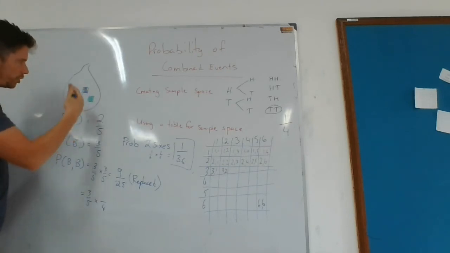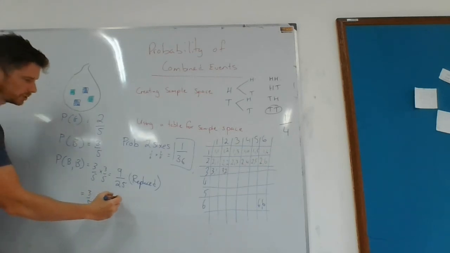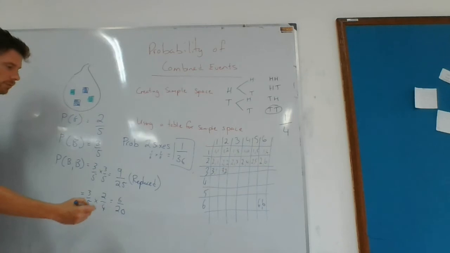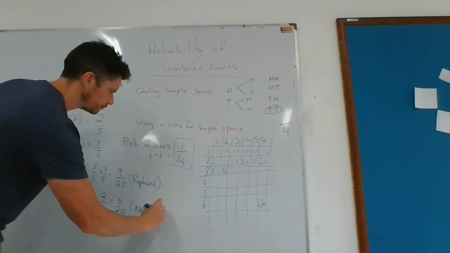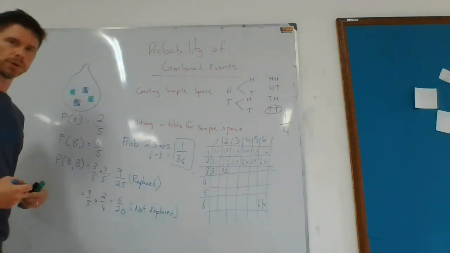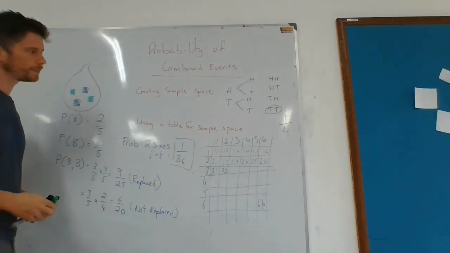And how many of them are blue? Only 2 out of 4, so there's a different probability. 3 times 2 is 6, and 5 times 4 is 20, so a different probability if it's not replaced. Okay, so only those doing blue probably need to worry about replaced and not replaced for the moment.